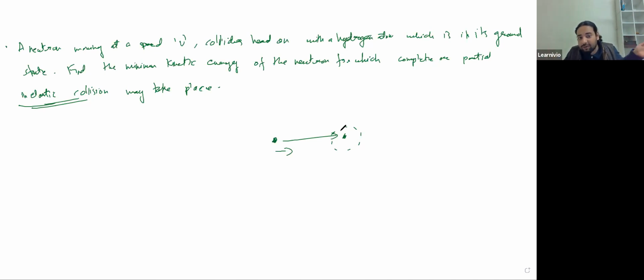The only place that it can go is that the electron absorbs that energy and then goes to a higher energy state, and hence that collision will be inelastic because there will be some loss of energy and the total energy will not be conserved. So hence it won't be an elastic collision. So the question is, what is the minimum kinetic energy that the neutron would have so that the collision between this neutron and the hydrogen atom, which is in the ground state, will be inelastic. Okay, go ahead.